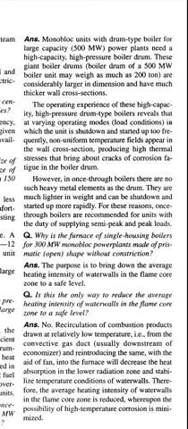However, once-through boilers have no such heavy metal elements as the drum. They are much lighter in weight and can be shut down and started up more rapidly. For these reasons, once-through boilers are recommended for units with the duty of supplying semi-peak and peak loads.